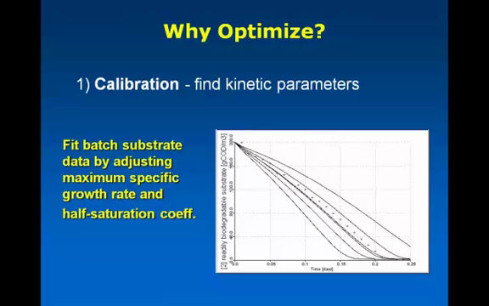We're going to be able to adjust the maximum specific growth rate and the half saturation coefficient, and then see how that affects the simulation. So we're going to have gpsx use its search routine to adjust those and find the best set of those two parameters that can give you the best fit for that curve. So that's where you're trying to fit to a time series of data.